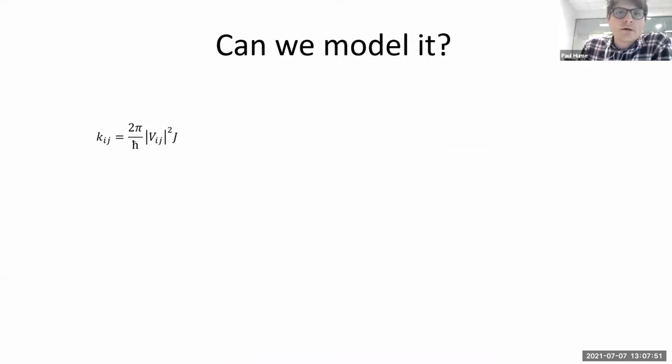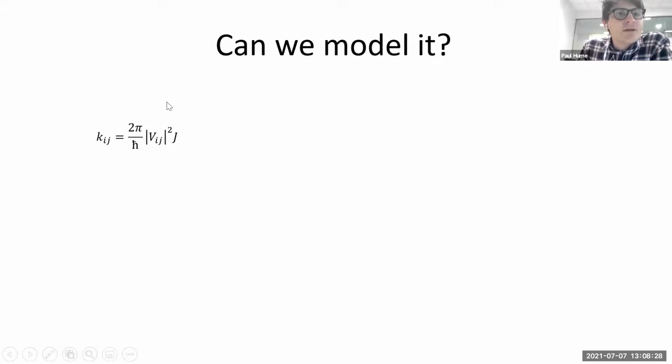And so for me, that raises two questions. The first one is a fundamental question: why is the exciton diffusion so effective in these materials? And the second question is a more practical one: can we model it? And if we can, can we use that to take a step towards virtual screening of OPV materials?